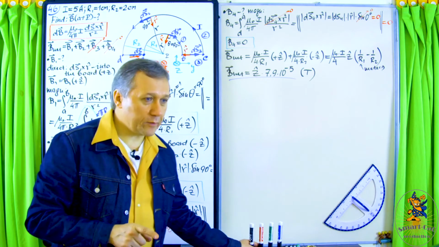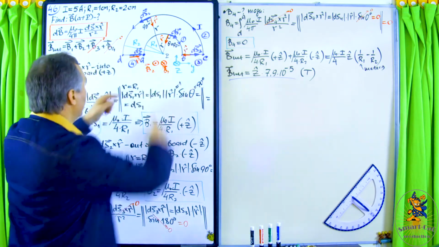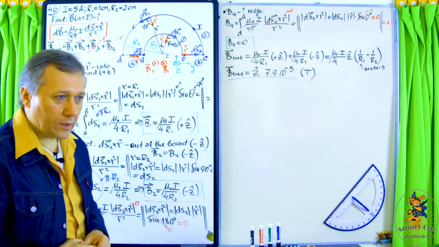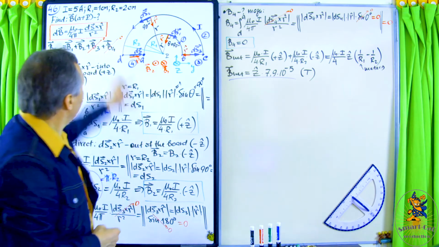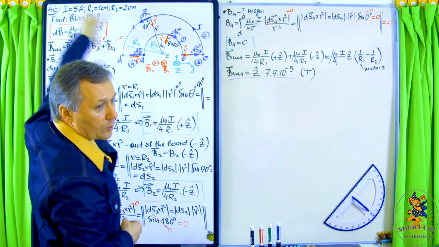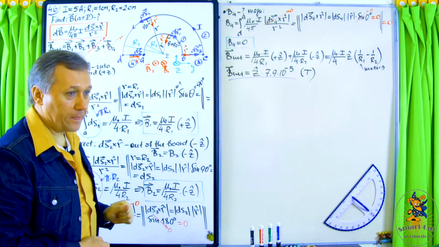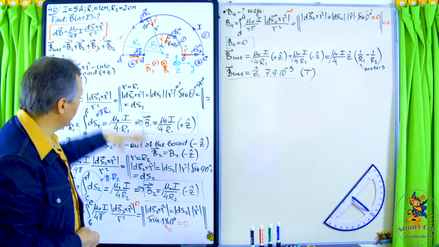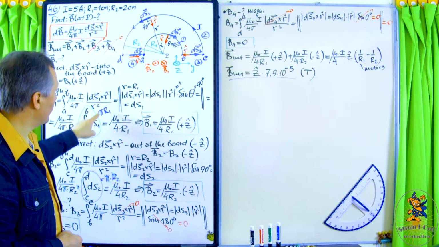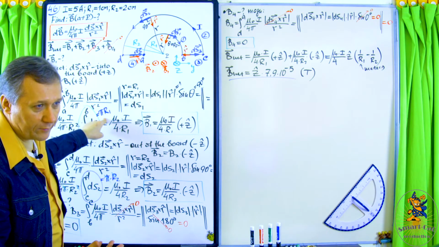In your homework, there will be a somewhat similar problem, but instead of 2 semicircles, you're going to have a small arc length over here. I think it's subtended by an angle of 60 degrees. And this wire, this part, will go to infinity. Pretty much there wouldn't be a contribution from this section. So the only difference is that it will be very similar when you evaluate the integral. Of course, you're not going to have half of a circumference.